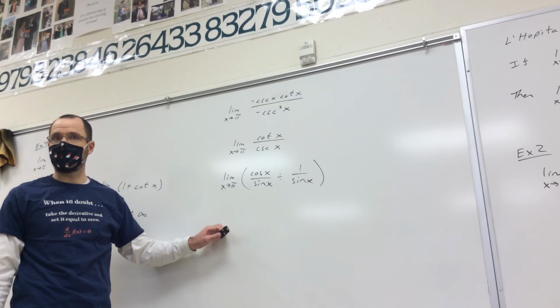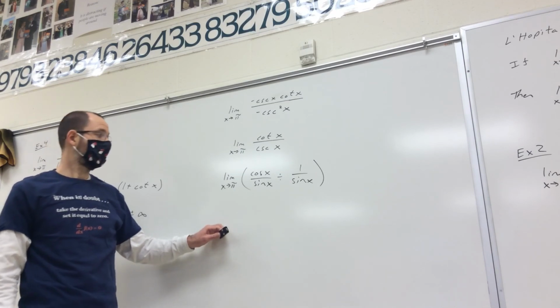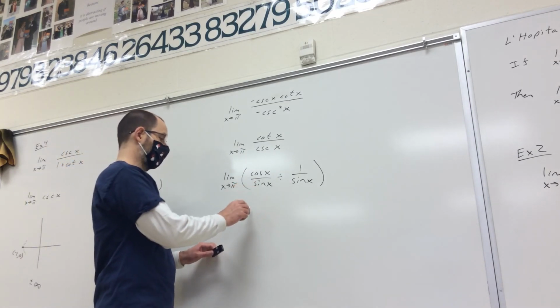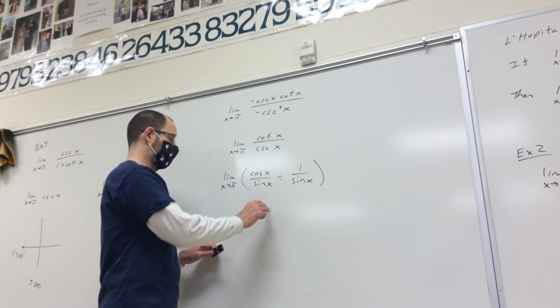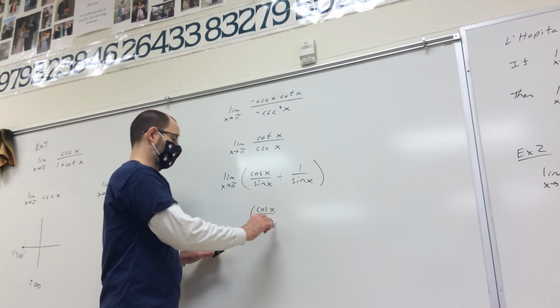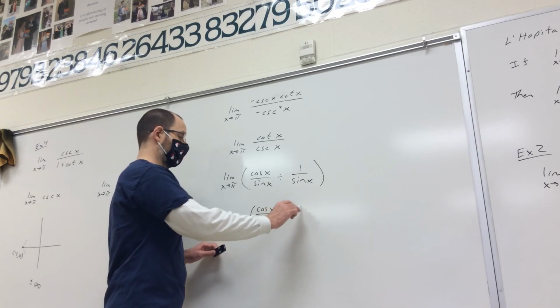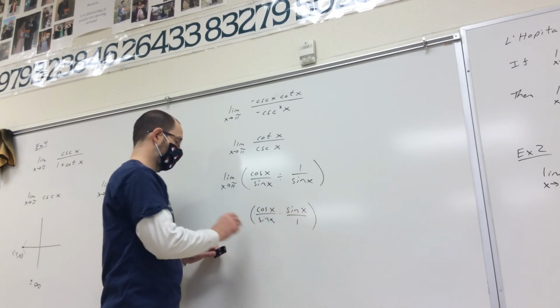Trig always makes things a little bit tricky. Is everybody okay? All right, so then I'm going to flip this. So we got cosine x over sine of x times sine of x over 1.